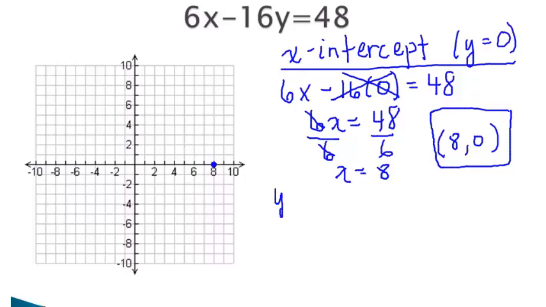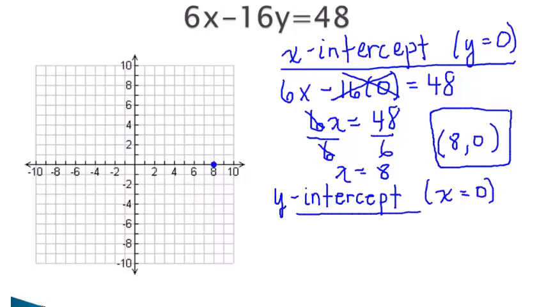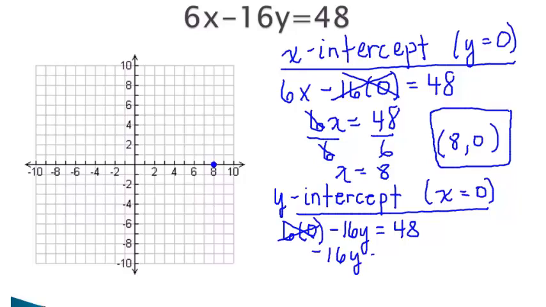And then we repeat a similar process to find the y-intercept. So to determine the y-intercept, this time we're using 0 in place of x. So based on our equation, that's going to look like 6 times 0 minus 16y equals 48. 6 times 0 is 0, so we're really left here with negative 16y equals 48.